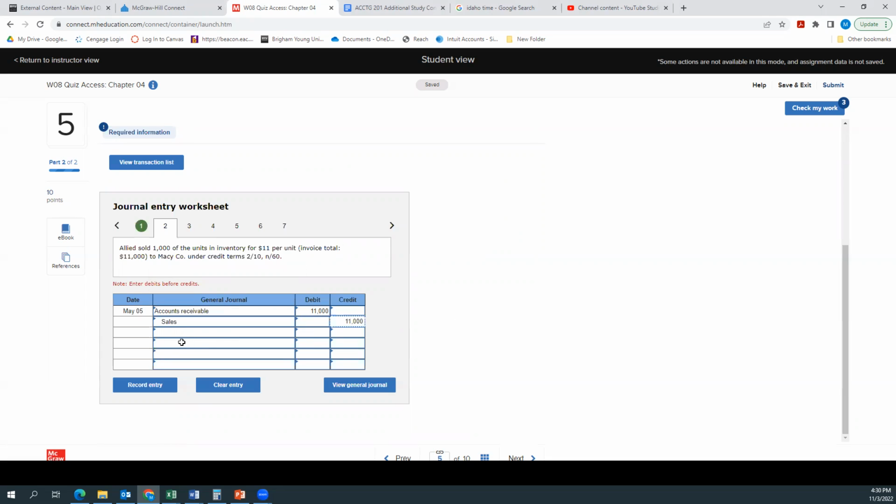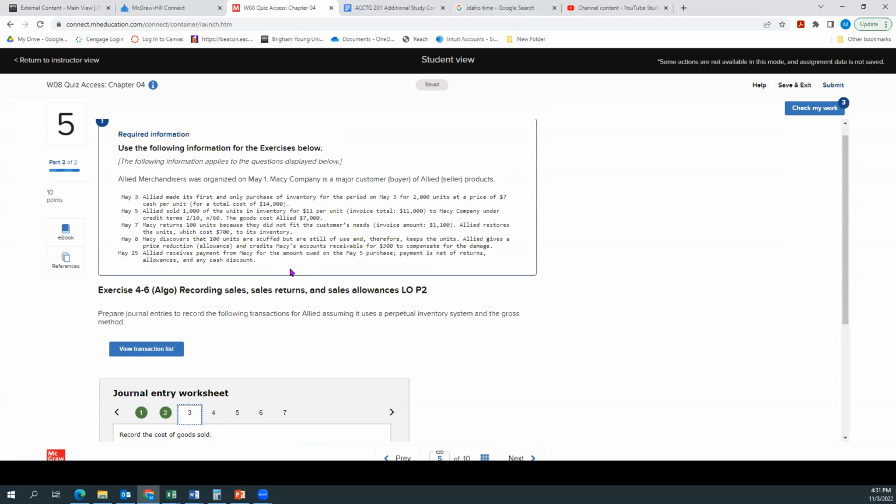And then we do another entry. This is where I'm a little confused, I guess, about what. Oh, see, okay, they do want us to do the cost of goods sold separately. So here we're just going to enter the amount that the customer owes us and the revenue. And then on the next entry, we'll record the cost of goods sold on that sale.